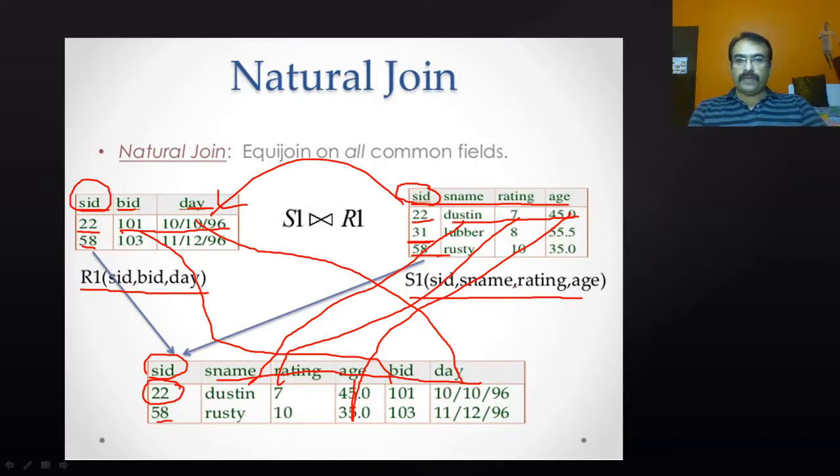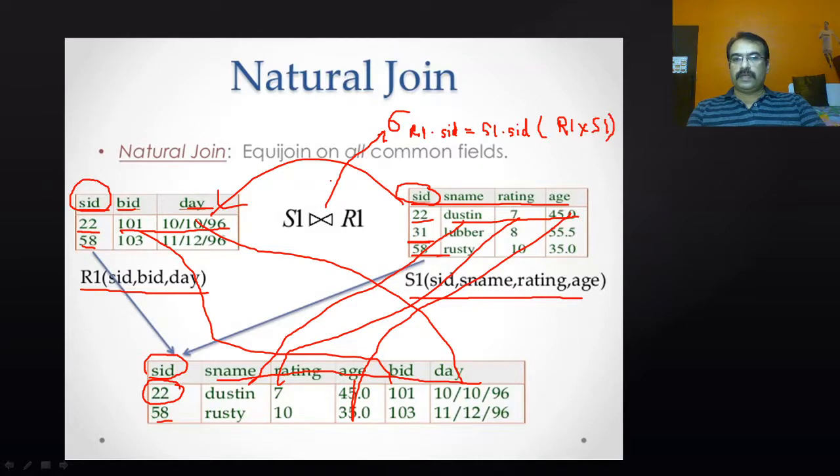Getting me? In fact, what is this? If I convert this into something understandable, right now what I am doing is R1.SID equal to S1.SID in case of R1 cross S1.